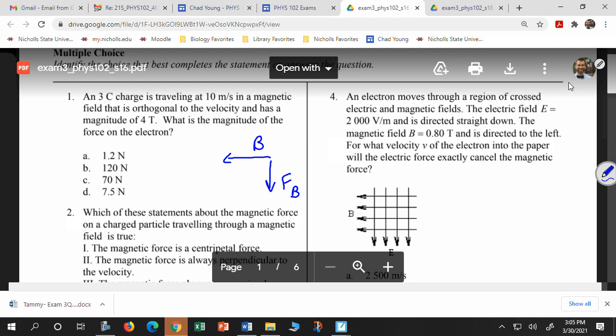This is where it's useful to shift your paper around. So your velocity would be coming out of the page if it were positive, but because it's negative, it's going to be going into the page. Everything shifts. If it's negative, anything that you're looking for is going to be opposite. That answers your question, right?